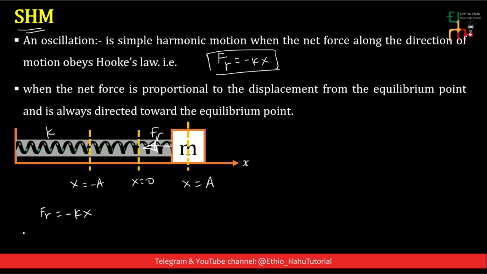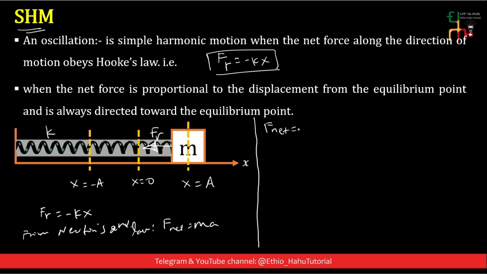And from Newton's second law, we know that net force is equal to mass times acceleration. In this case, the only net force acting on this block is the restoring force. Therefore, the net force is simply the restoring force, which is equal to mass times acceleration.